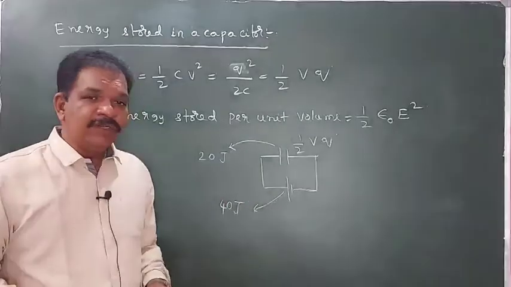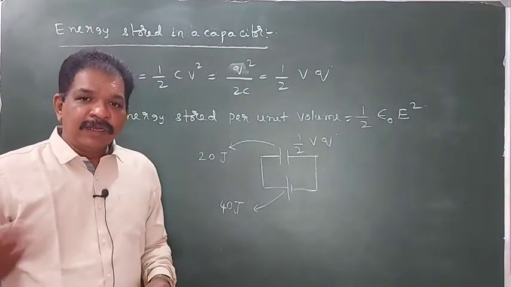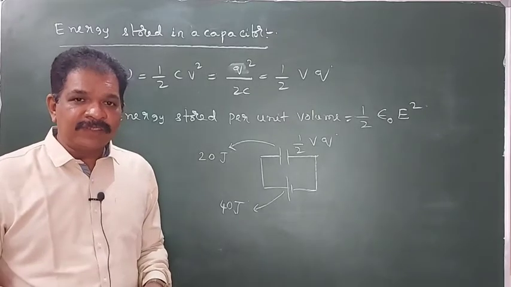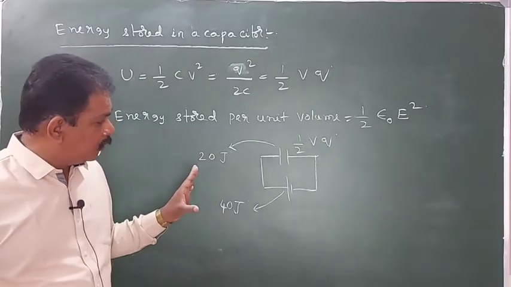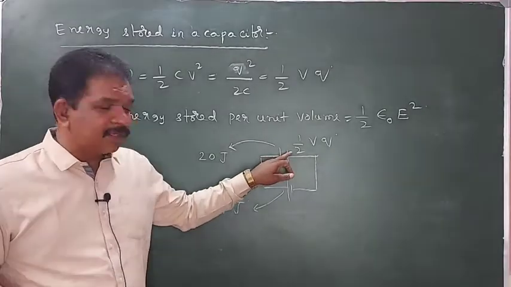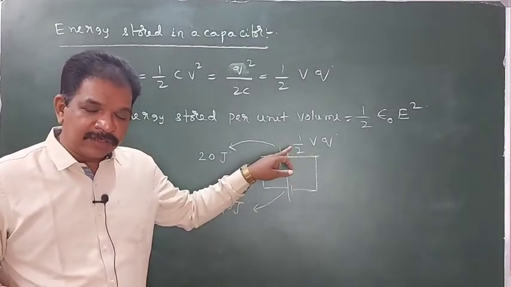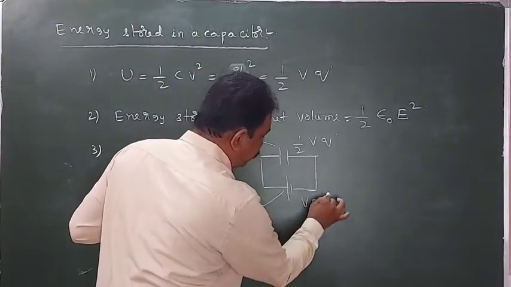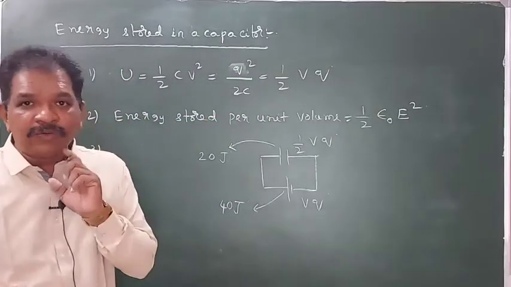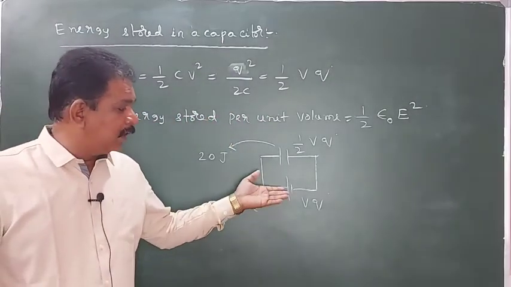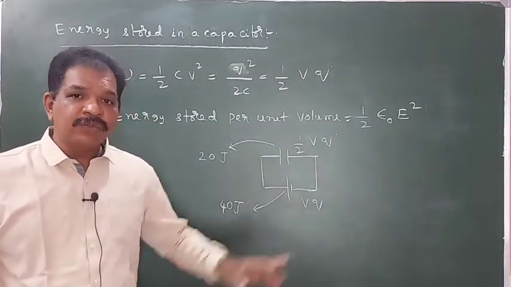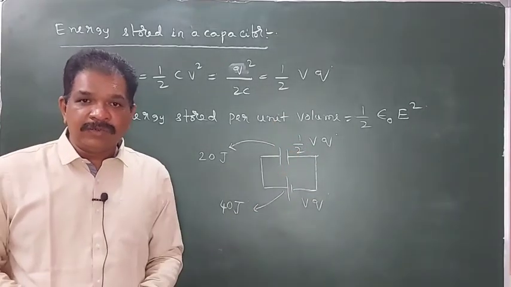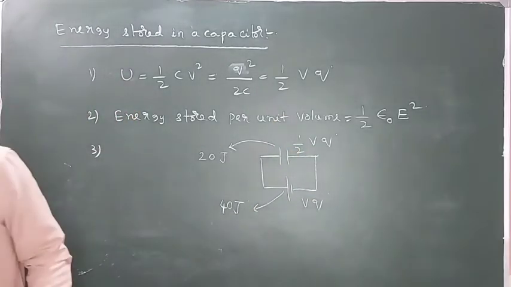Double to this, it supplies the energy. Remaining 20 joules will be wasted. So, if this capacitor stores energy 1 by 2 VQ, energy supplied by the battery will be equal to VQ, and energy wasted in storing the charge will be equal to 1 by 2 VQ. So that is important.